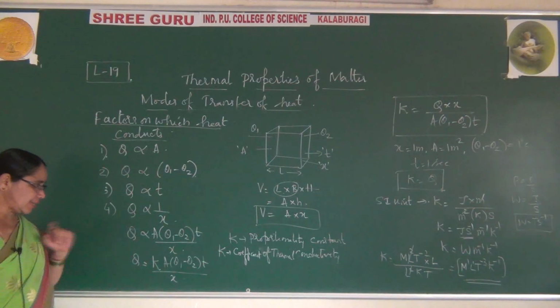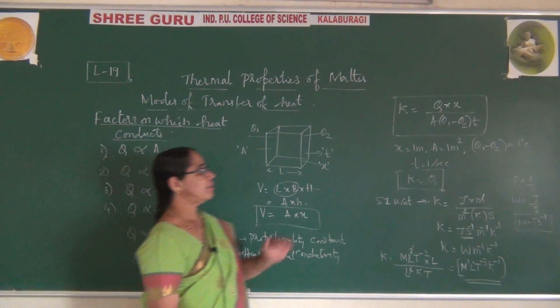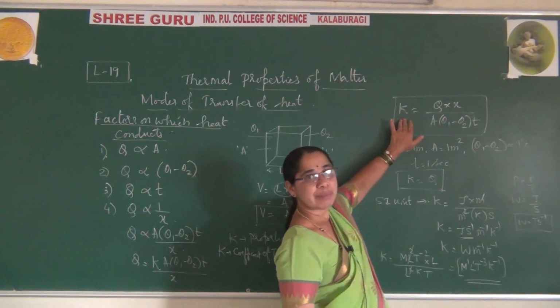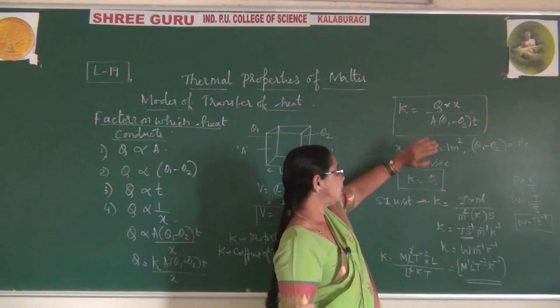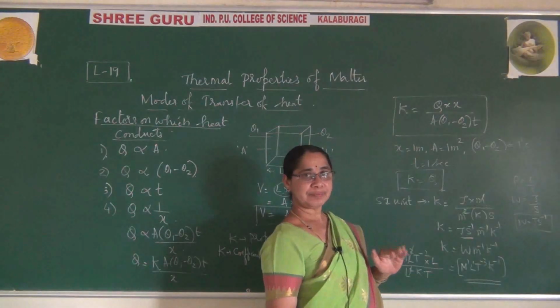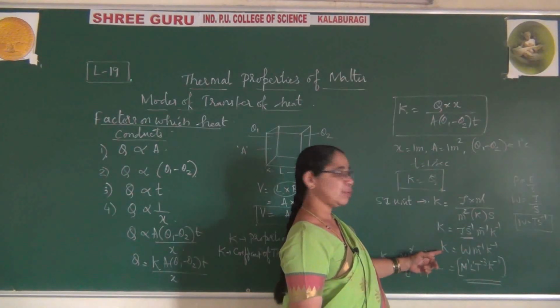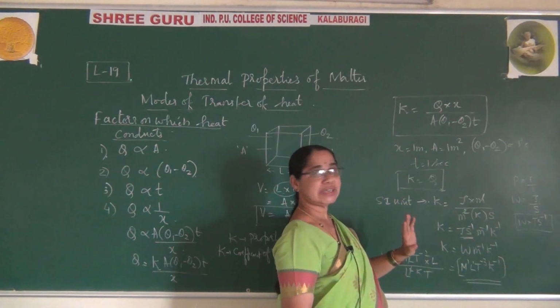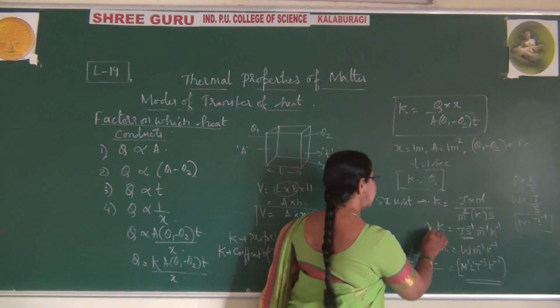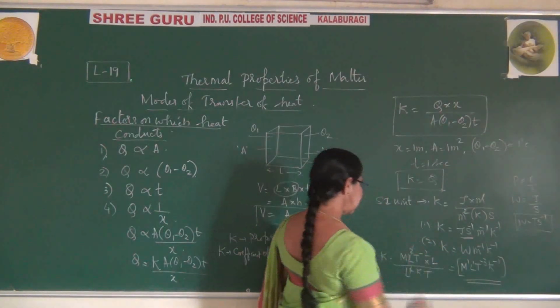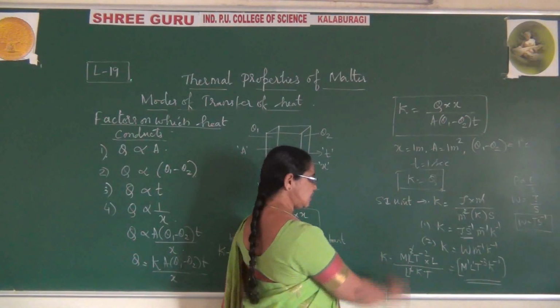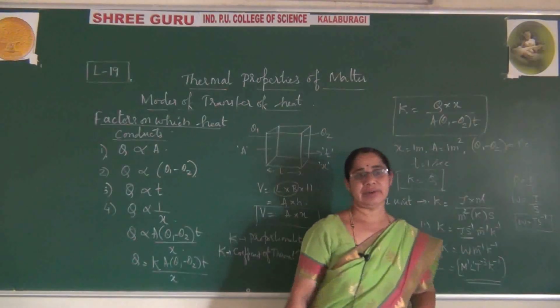Using this, we have written the expression, and finally we arrived at the expression for thermal conductivity. At the same time, we have defined thermal conductivity. Again, we have written the SI unit. There are 2 types of SI units here, both are SI units. This is one type, another is the second type. And the third one, we have learned the dimensional formula for thermal conductivity.